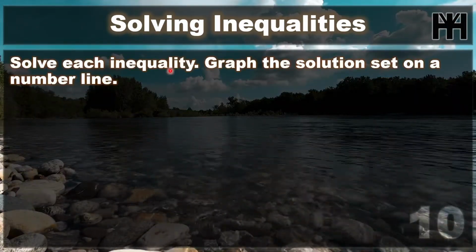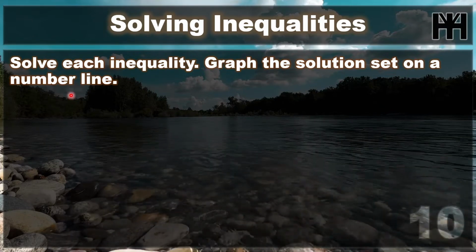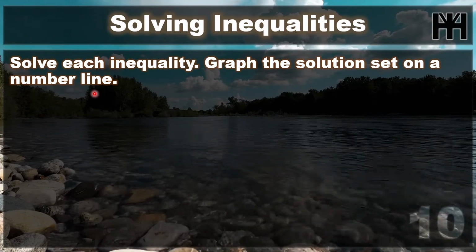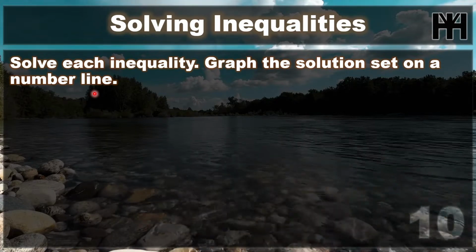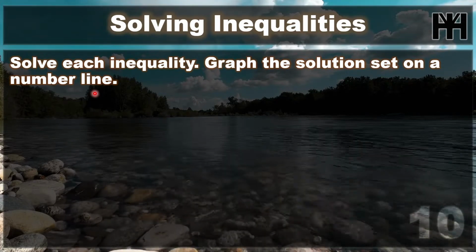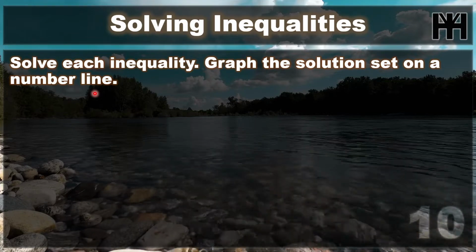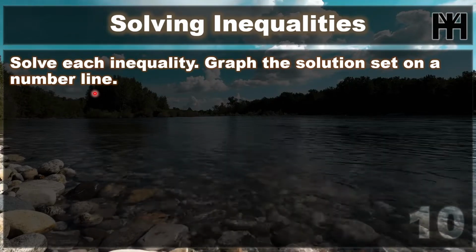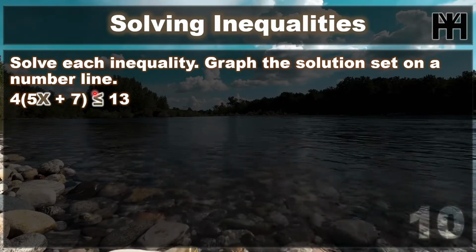Okay, solve each inequality, graph the solution set on the number line. Before we solve the inequality, I want you to remember one thing. The inequality is exactly the same as equations. So we'll take the same steps used in solving equations. So let's start.